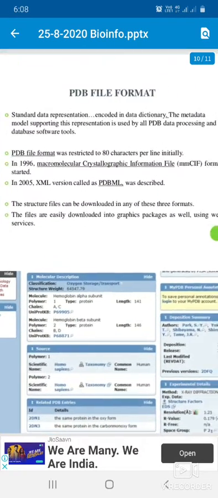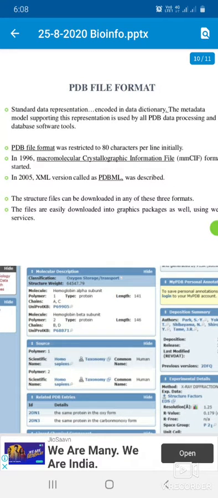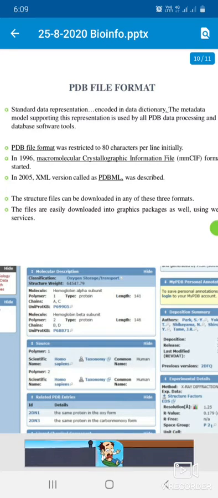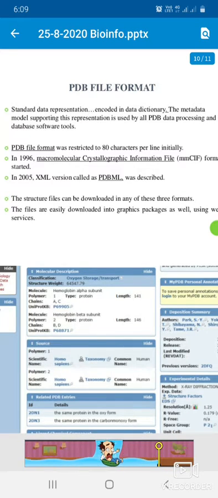The PDB file format is the standard data representation encoded in a data dictionary. The metadata model supporting this representation is used by all PDB data processing, particularly database software tools. The PDB file format was initially restricted to 80 characters per line.